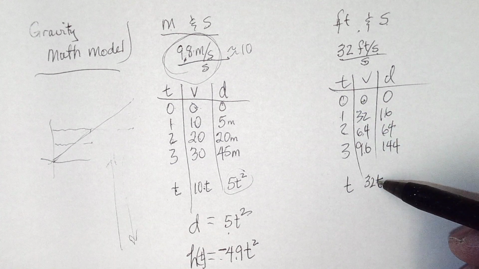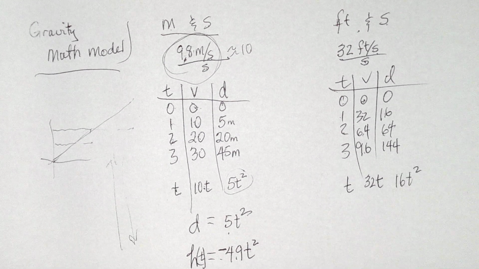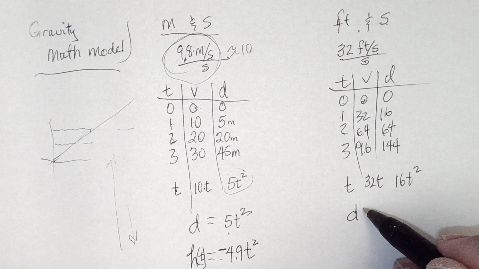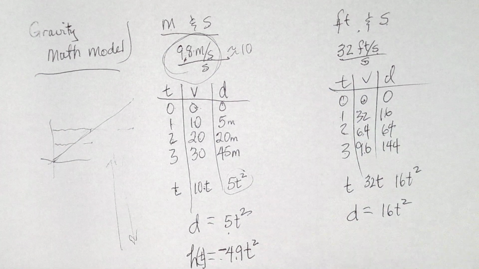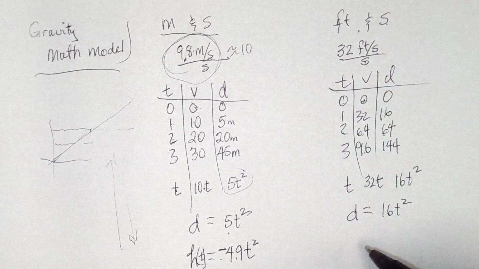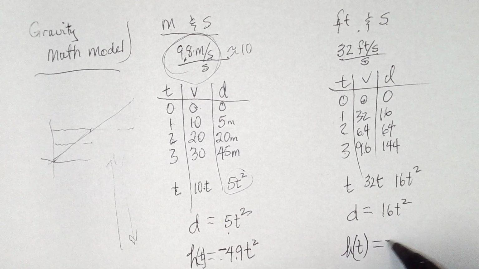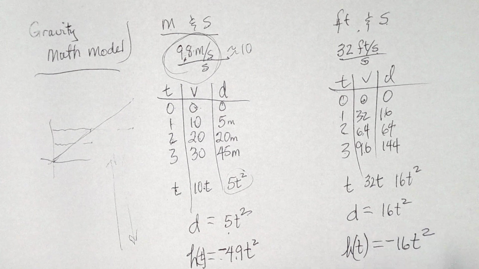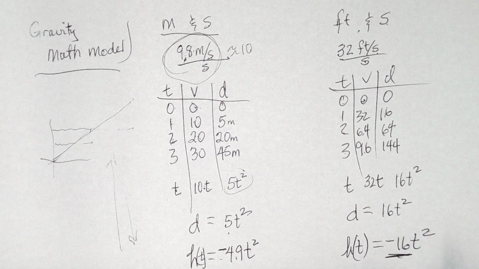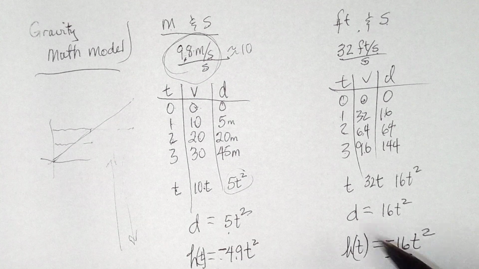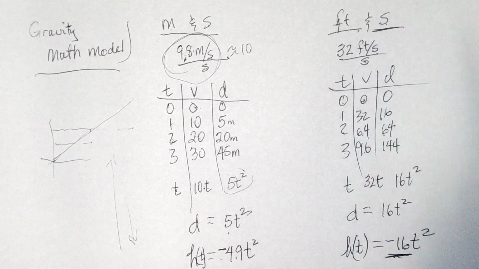The average of 0 and 32t is 16t, times t, 16t squared. So the distance it falls is 16t squared. If we flip it so its height is positive going up, then the height after some time, if it was just dropped, is negative 16t squared. So if you ever see negative 16t squared, you know that the height is being measured in feet and time in seconds.